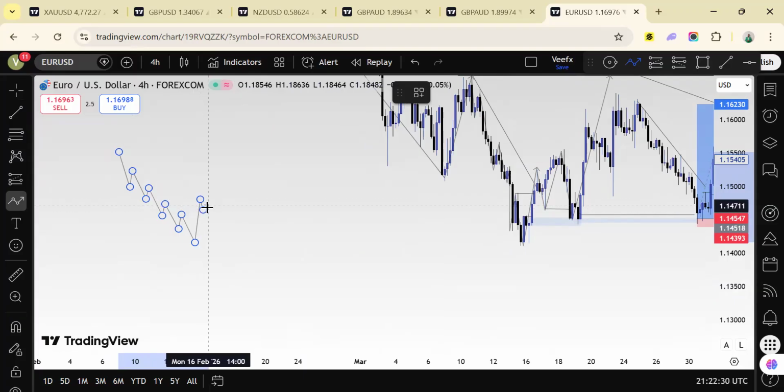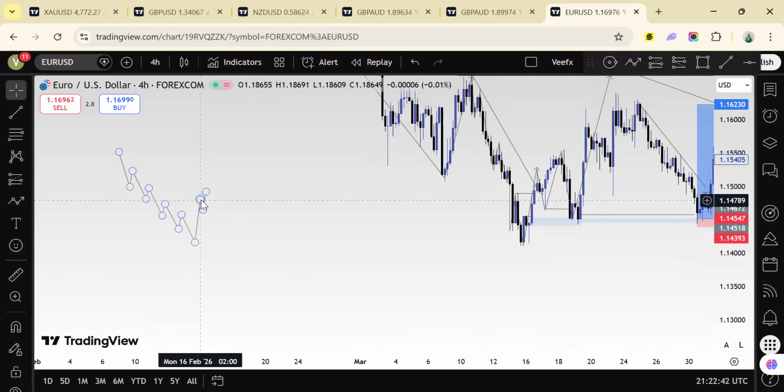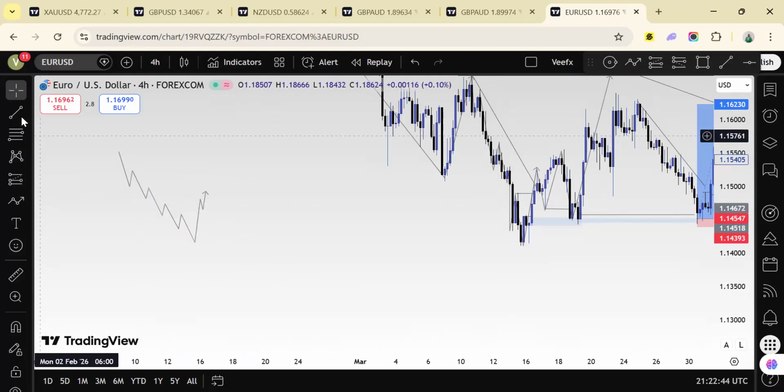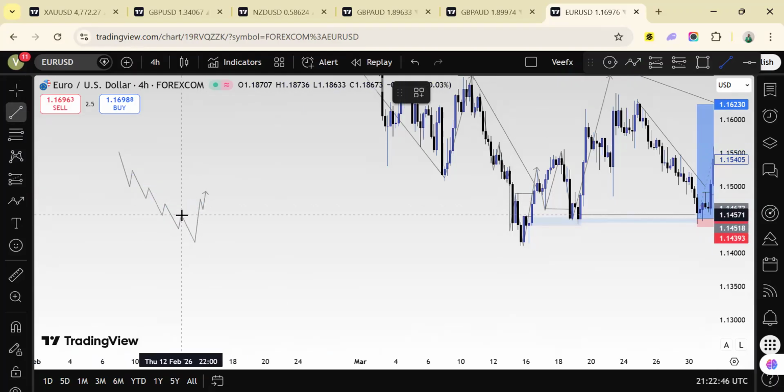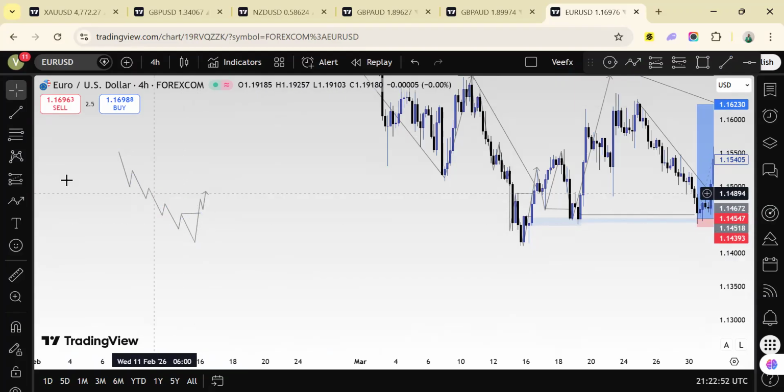Remember, your inducement needs to take out the body closure of that candle that caused the market structure shift or the multiple break of structure. So in this case, this is the candle that caused this market structure shift right here. So this is where your market structure shift occurred, and this is the candle that caused it.